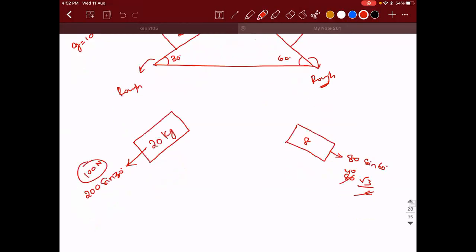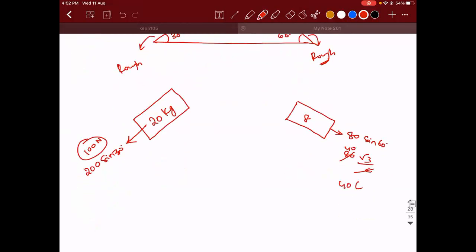It will be 40 root 3. So 40 root 3 is less than 100. So the objects will move in this direction. This will have an acceleration in this direction, and the 8 kilogram block will have an acceleration in the upward direction. Is it clear?